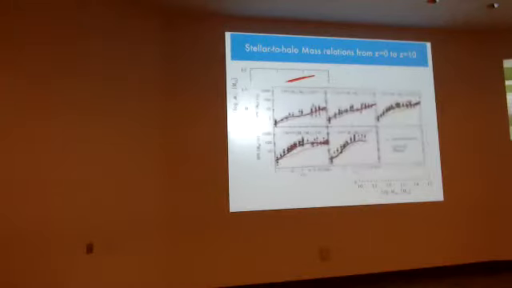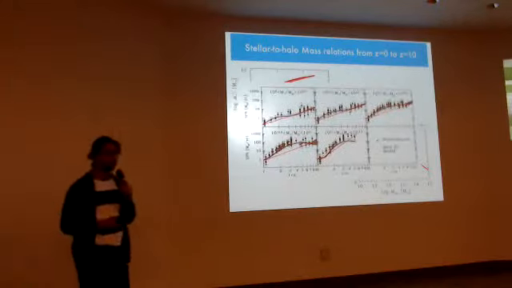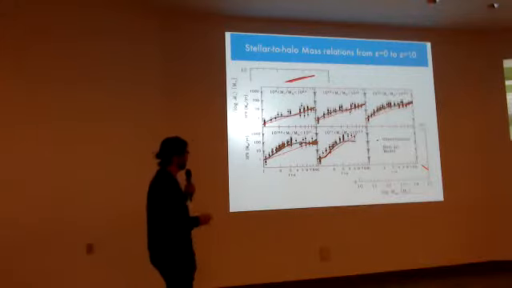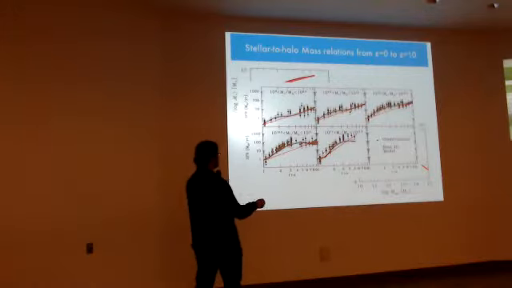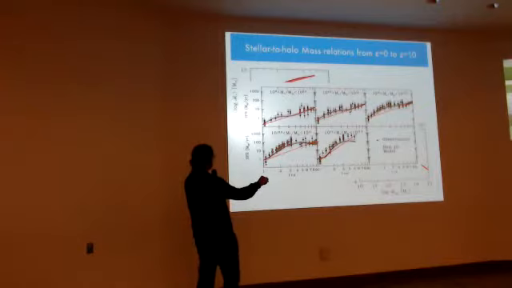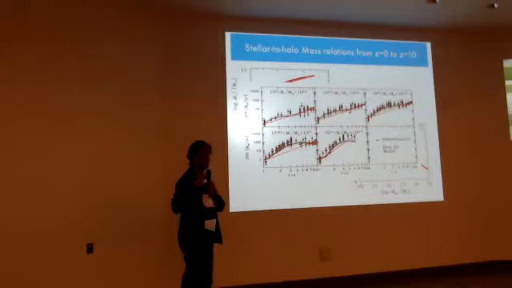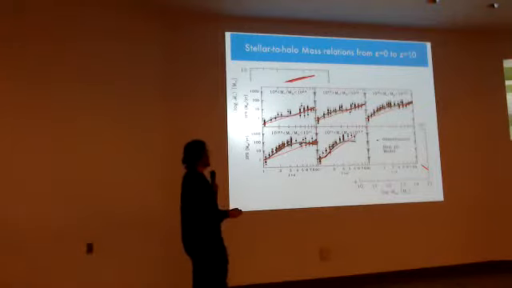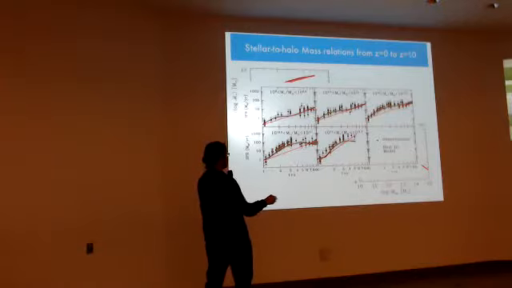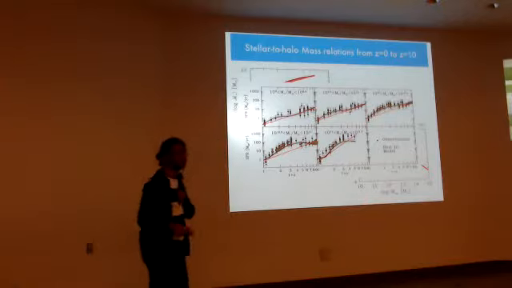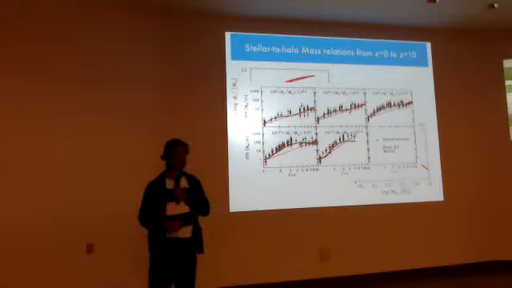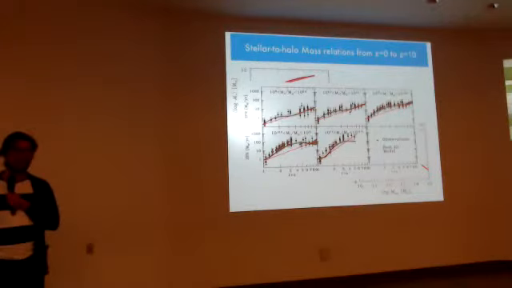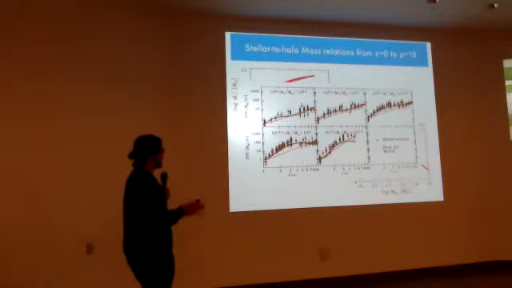If you have a model with no evolution in the stellar to halo mass relation, you will see this: the solid black line is our model, fitted to the observations, while the red solid lines are the model with no evolution. You see that there is a disagreement between the star formation rates and the model without evolution.